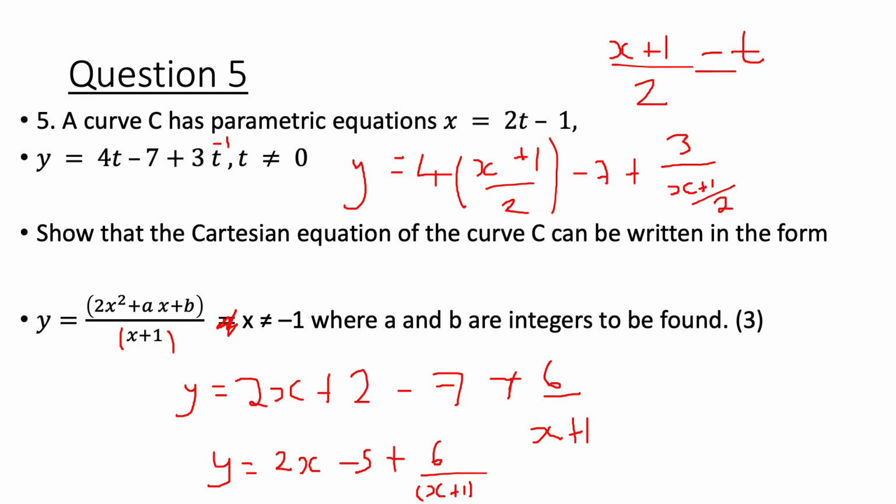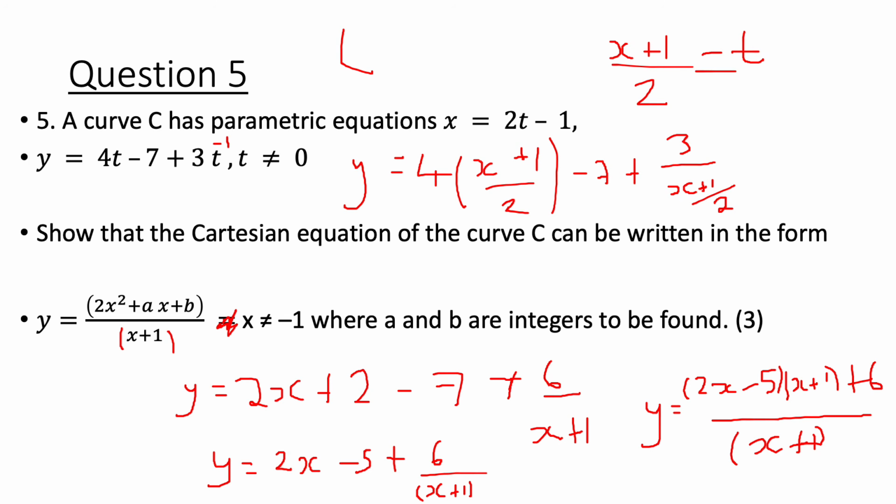Okay, so simplifying this, guys, I'm going to get 2x minus 5, okay, times x plus 1, plus 6 all over x plus 1. Okay, so hopefully you were able to follow me there. Okay, so it's 3t to the minus 1. Remember that t to the minus 1 means 1 over t.